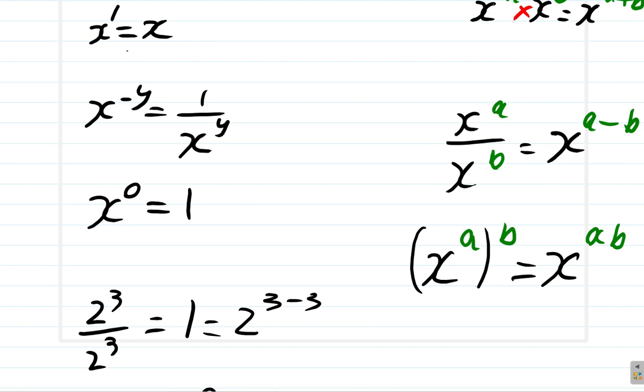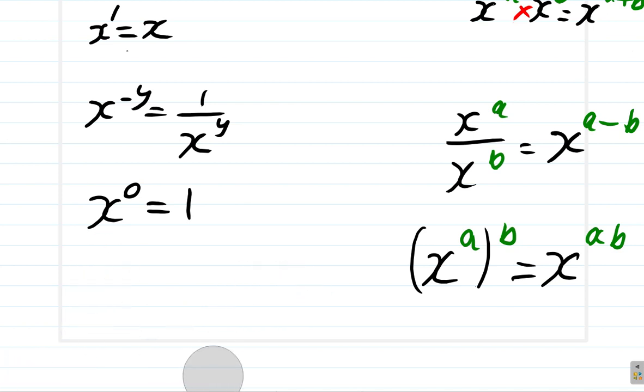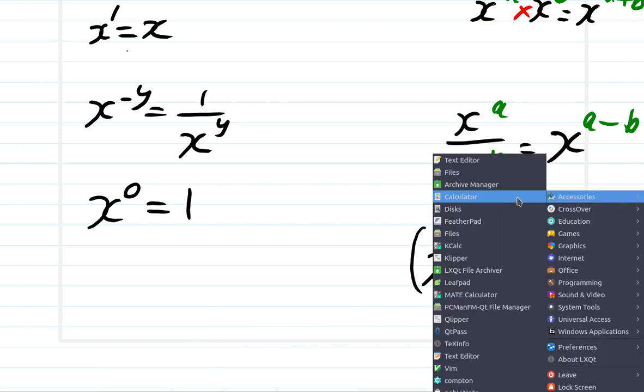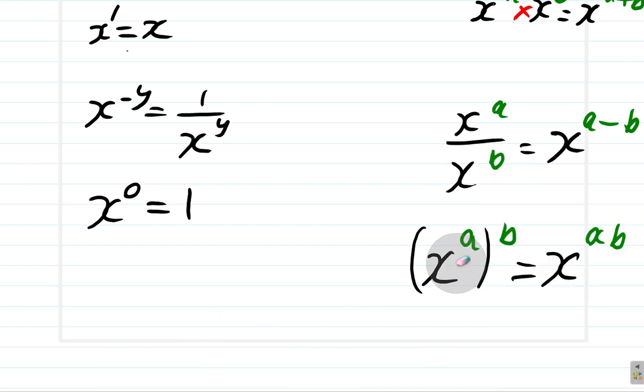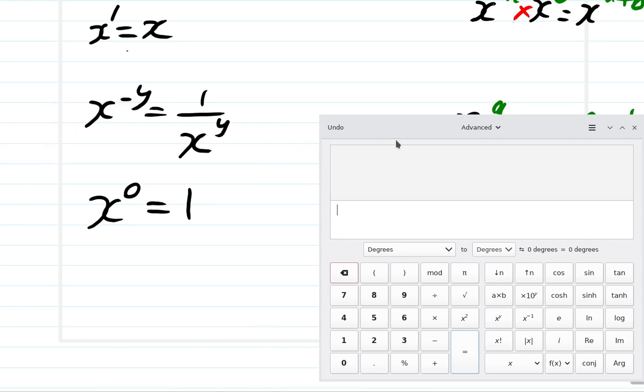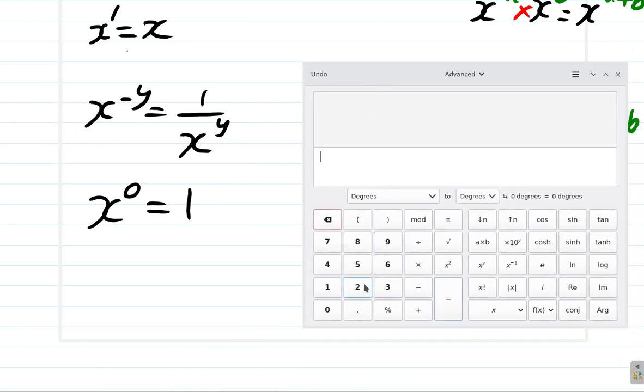Now, before we finish off the video, let's try a little thing with our calculator. We have 3 raised to the power of 1, equal. It's 3. Okay, good. Suppose we have 4 raised to the power of 0. What do we get? Equal. 1.